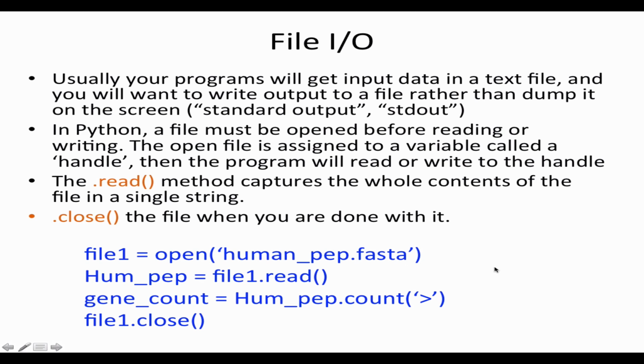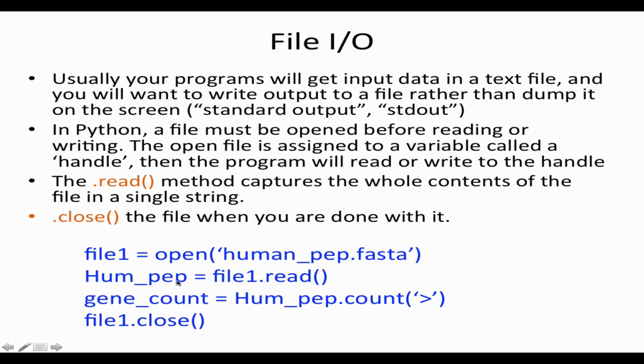OK, example. We have on our computer somewhere a file called humanpep.fasta. We open that file, and we assign it to this handle called file1. Now we read the file, and we assign the contents of that file to a new variable called humpep.